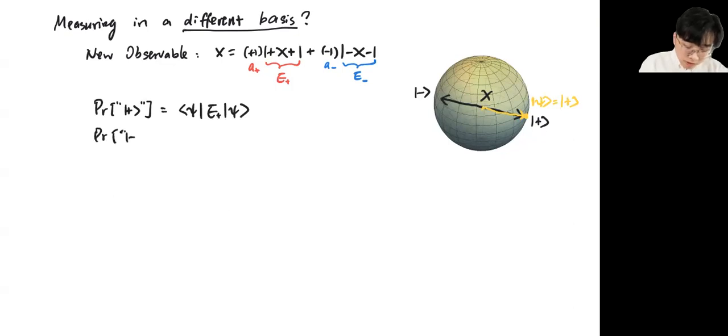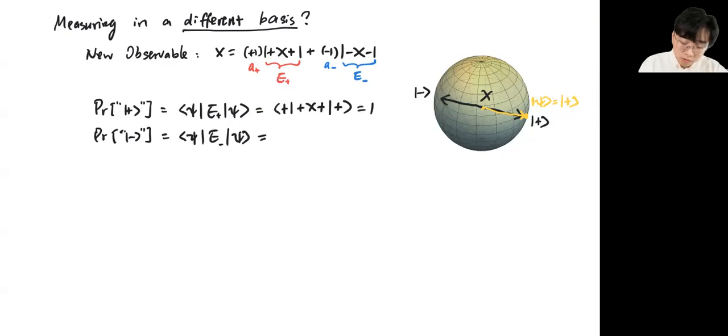Similarly, the probability of measurement outcome minus is <psi|E minus|psi>. If you expand this equation, you will get plus as the input state psi, and E plus is the outer product of plus and plus, so this is 1. And similarly, you can get 0 for the probability of measurement outcome minus.